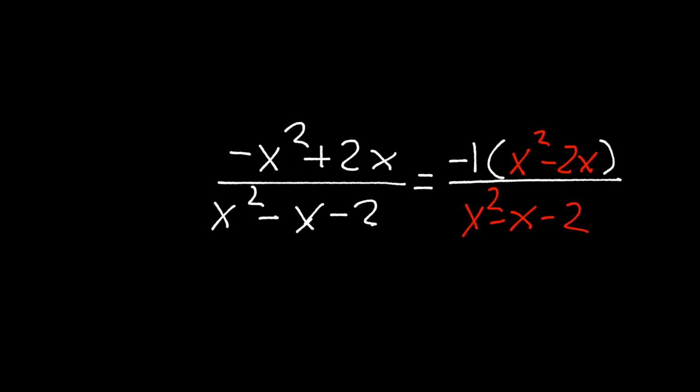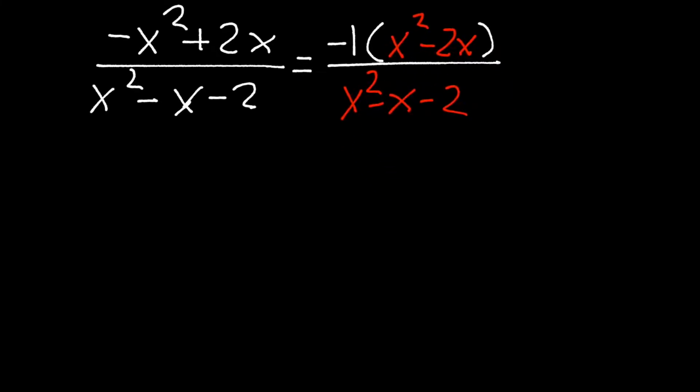Okay, now, let's look at the top. The top is not a trinomial like the bottom, so I'm not going to use the diamond method. What I do notice, though, is that both terms have an x. So I can factor out the smallest number of x's both of them have. This is x squared, so this has 2 x's.